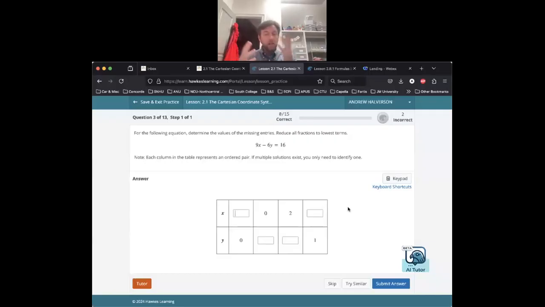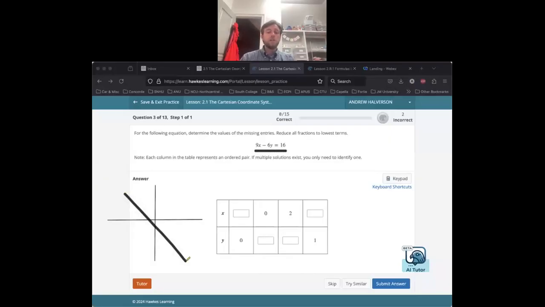So before I dive into this, one thing to take note of is that when we're dealing with graphing, what we're trying to do is turn an equation like this into a line.